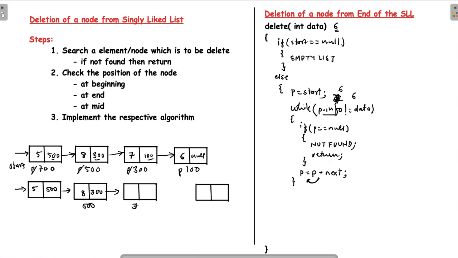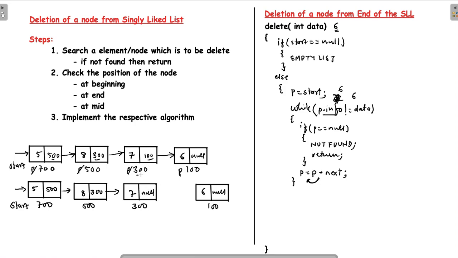So this will become your 300. 7, this is 700, and this will be your starting point. Now if you delete the last node which is 6, the next field is null whose address is 100. If you delete this node, 7 becomes your last value in the list, so whose next field should be null. Okay, this is how you need to rearrange it.